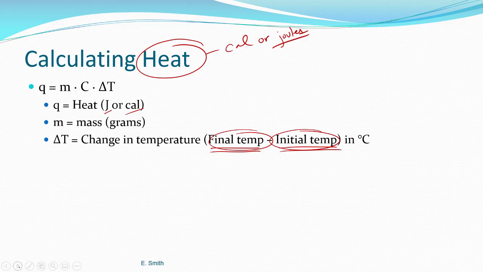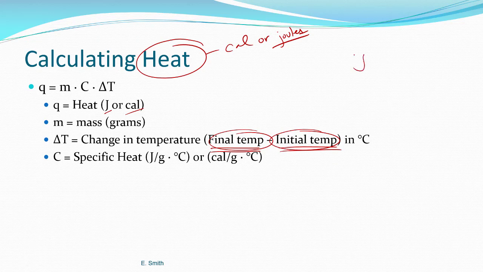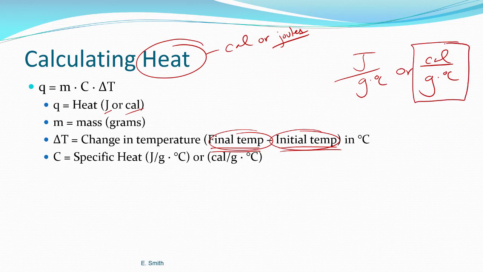Okay. And then we have C, which is specific heat. Now, the units for specific heat are joules per gram times degree Celsius, or calories per gram times degree Celsius. Maybe you saw this. Maybe this was found in question number 3 on the calorimetry lab.